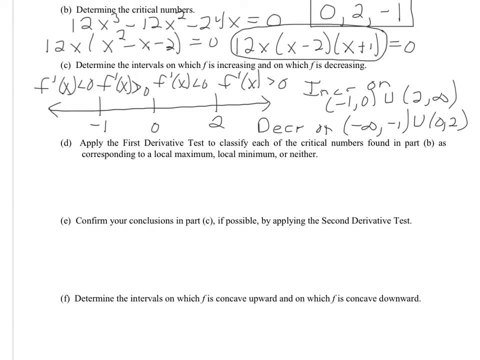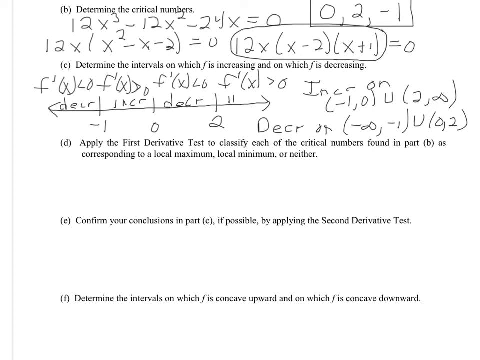We just need to draw conclusions based on the analysis that we've already performed in part C. If you look at that number line, you see that f prime of x is less than 0 to the left of negative 1, greater than 0 to the right of negative 1. And so as the graph passes through x equals negative 1, it transitions from a decreasing function to an increasing function.